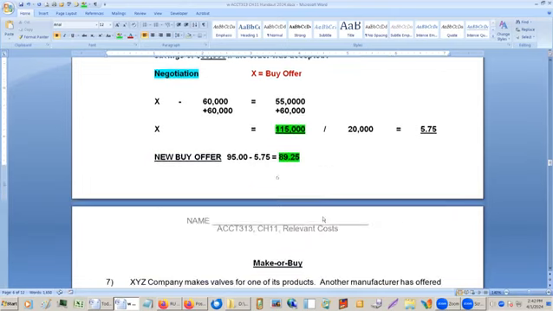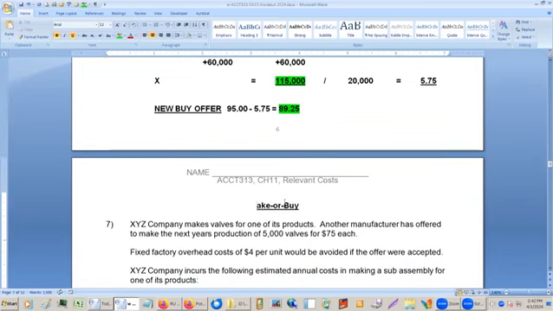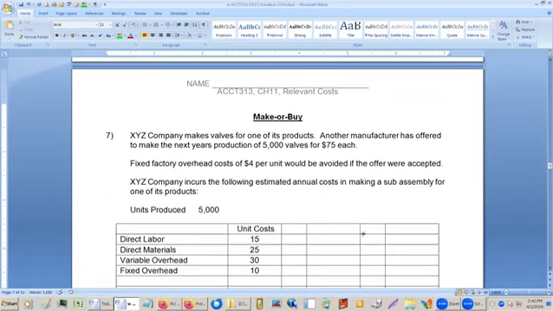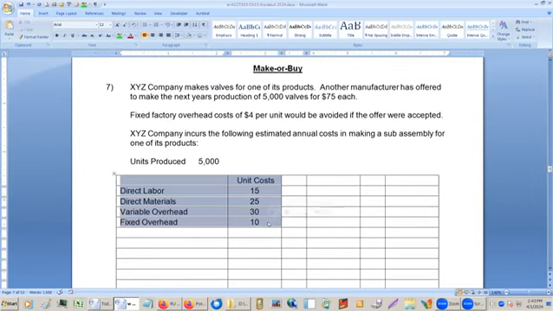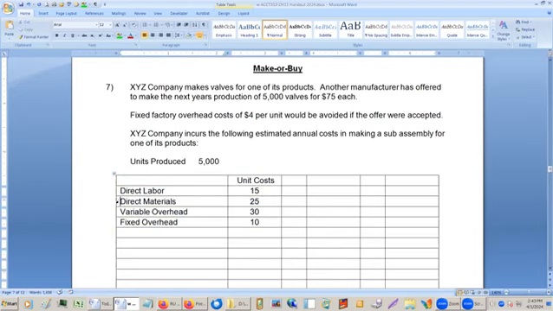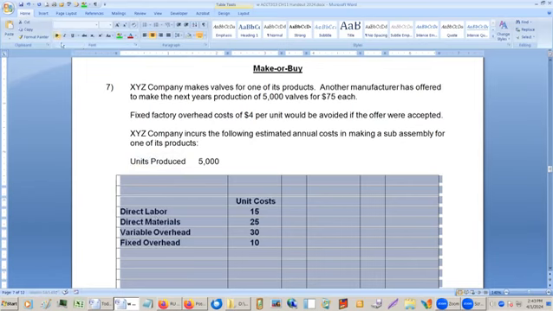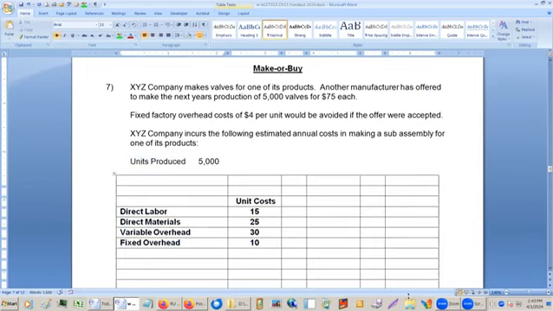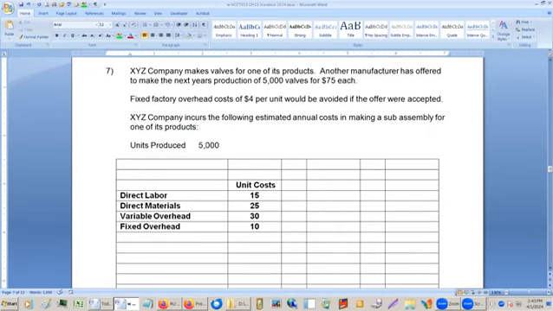Okay. Oh, this one's a little kooky. We can actually do it in unit cost, but we could also just multiply these out by 5,000 to do it in total costs. Okay, so wait a minute.